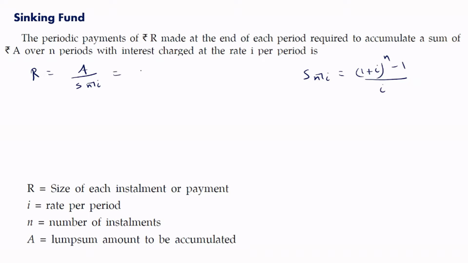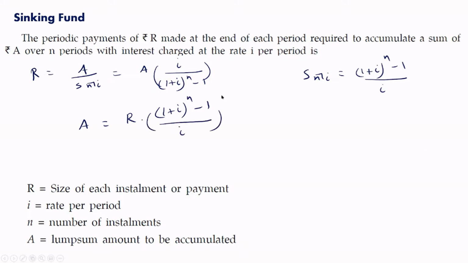So when we simplify, we get R equals A into i upon (1 plus i) the whole raised to n minus 1. On the other hand, when R is given and if we want to find A, we can find it as A is equal to R into (1 plus i) the whole raised to n minus 1 upon i.